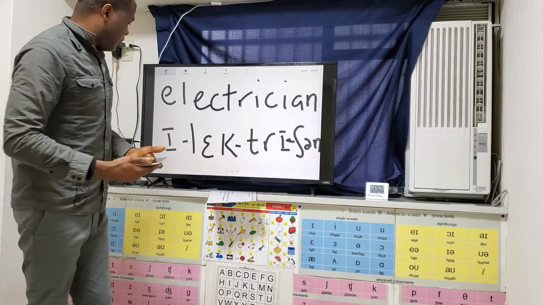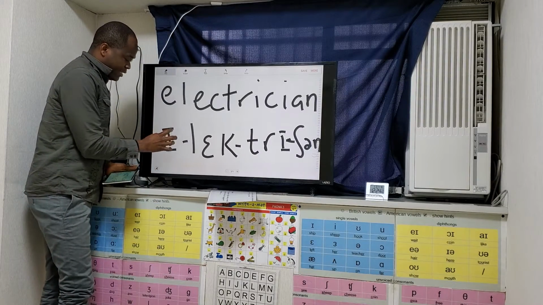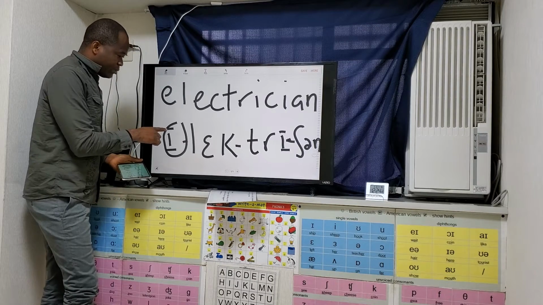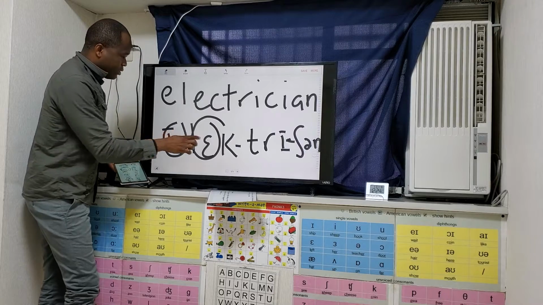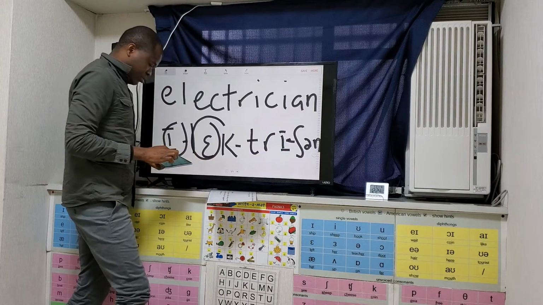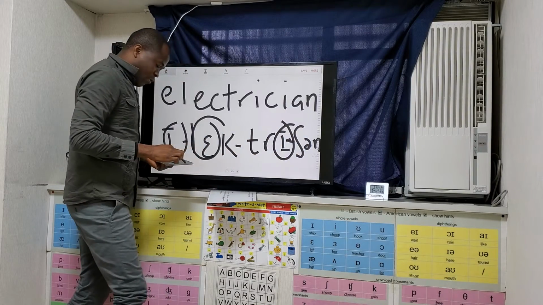How many syllables? There is a vowel here, so 1 syllable. There's another vowel here, so 2 syllables. And there's another vowel here, 3 syllables. There's another vowel here, 4 syllables.